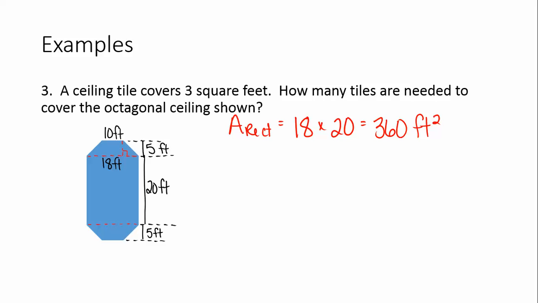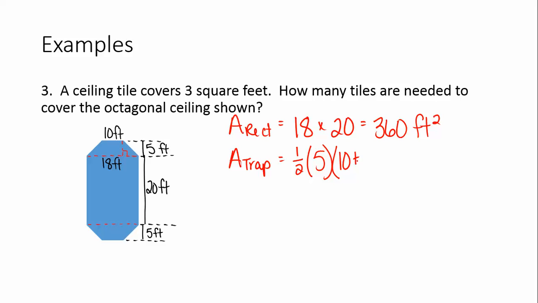And now we need to find the area of the trapezoid. And that's this shape here at the top. Notice there's also one at the bottom. So once we find the area of the trapezoid at the top, we'll just multiply it times 2. So the area of the trapezoid is 1/2 times the height, and you'll see that the height of the trapezoid is 5 feet, times the sum of the bases. So the top base of the trapezoid is 10 and the bottom is 18.